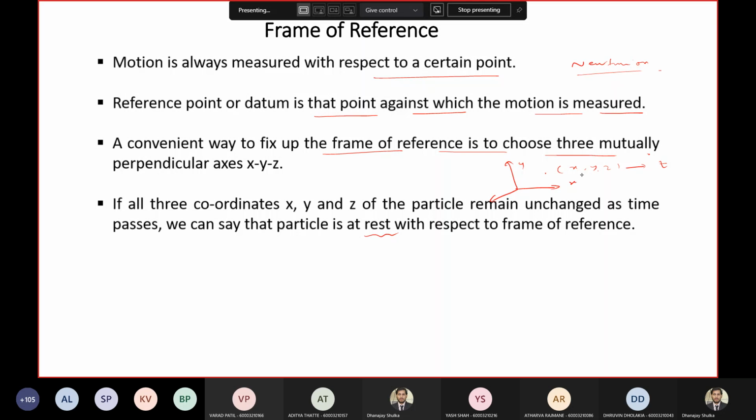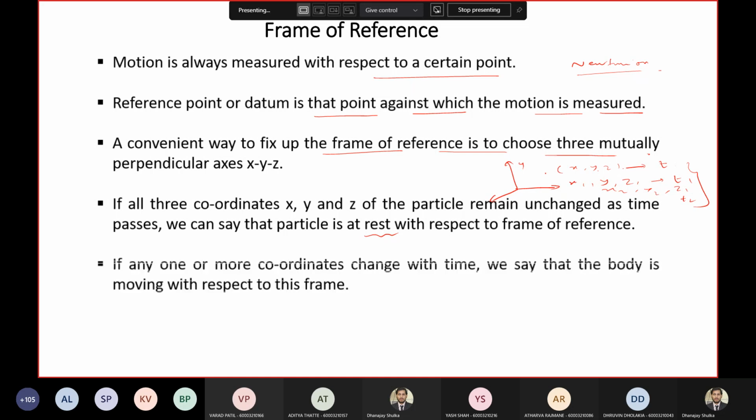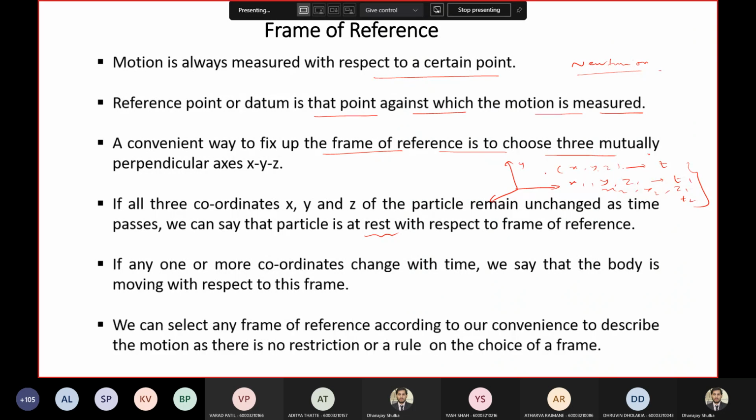And if it is changing, let's say it was x, y, z at t, then it becomes x1, y1, z1 at t1, and x2, y2, z2 at t2, then we can say these are changing with respect to time. It is not static, it is a dynamic coordinate. That is how we select the frame of reference. You must know this from your physics course. So this is clear to you.